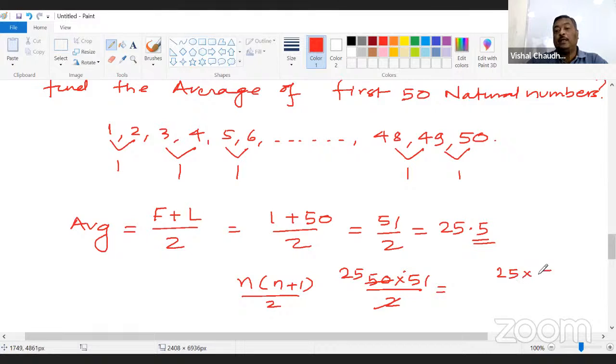Clear? And understand, we have to find the average. How many numbers are there? 50. So it again came here: 51 by 2, and the value will be 25.5. Is it clear?